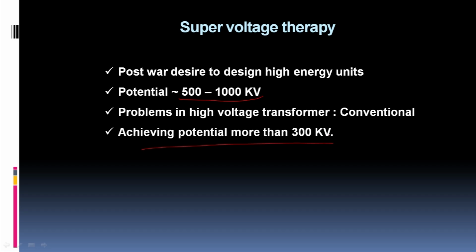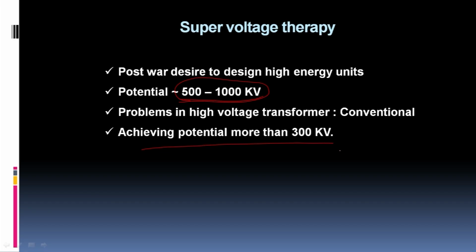So they designed some different kind of transformer or different kind of arrangement so that we can achieve 500 to 1000 kilovoltage of potential to treat the deep seated tumors, because tumors are not only superficial lesions, they may be deep seated.